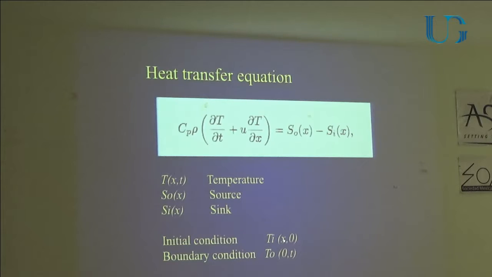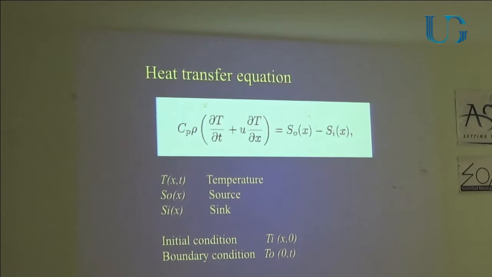And the initial condition will be that the temperature inside the system will be T initial, a constant temperature in the whole domain of integration, which will go from 0 to capital L. And I will have a boundary condition that the temperature of the working fluid that comes into the system is constant, T0.